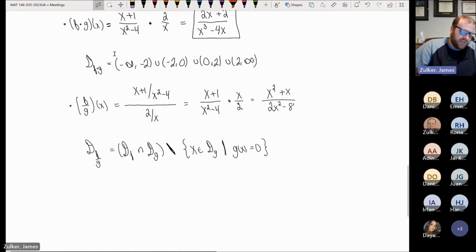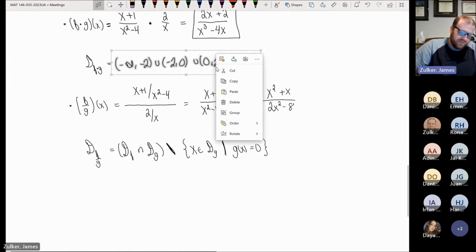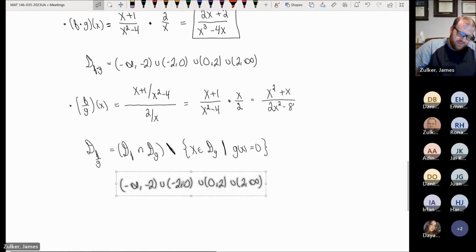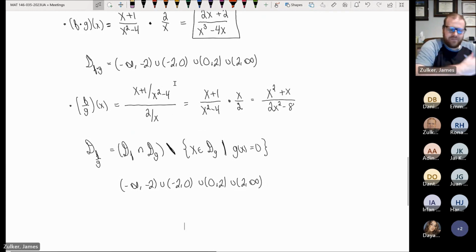Well, we already know what the intersection is. Now we have to take out all elements in the domain of g that make g of x equal to 0.